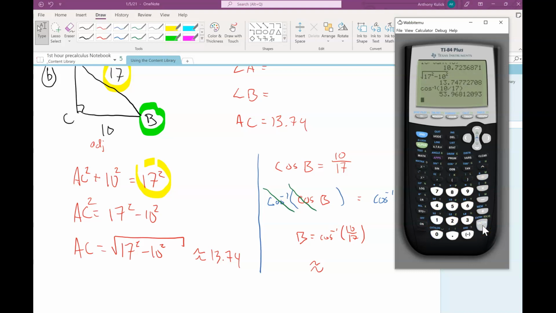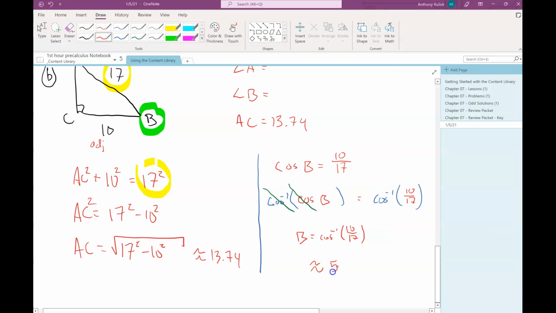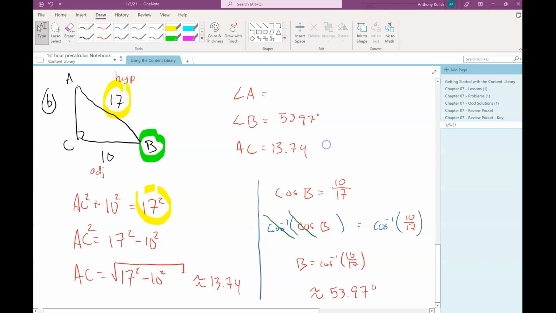So I did cosine inverse of 10 over 17, which gives me 53.97. And then how should I find angle A then? Excellent.